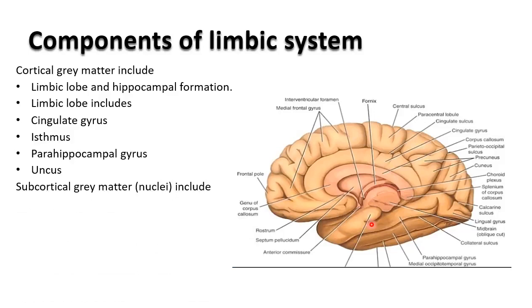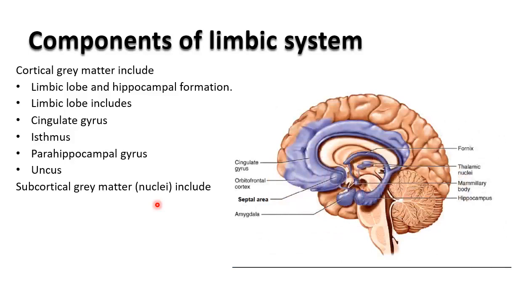Subcortical gray matter, as I told you, whenever it is subcortical you should immediately think about the nuclei. What are the subcortical nuclei involved in the limbic system? Here you are able to see certain parts highlighted for you. Mainly in the subcortical part, you should think about the amygdala, the amygdaloid body.